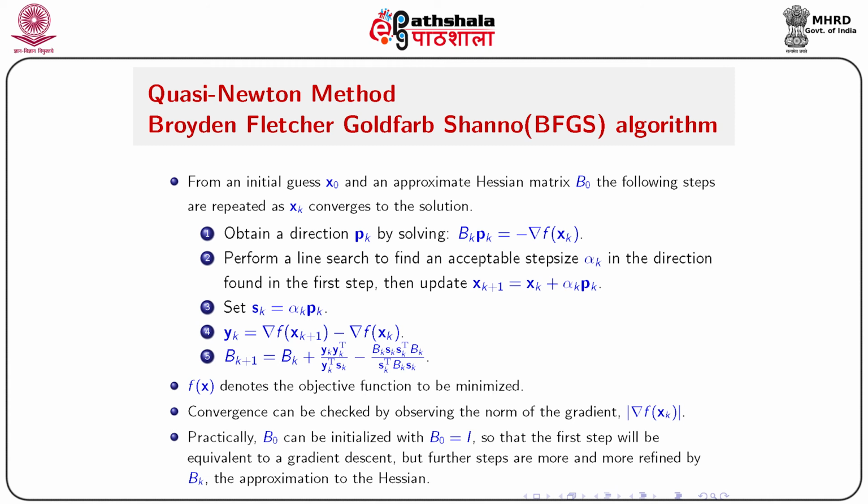The convergence can be checked by observing the norm of the gradient, that is the modulus of gradient f of xk. Particularly, B naught can be initialized with B naught equals I, so that the first step will be equivalent to gradient descent, but further steps are more and more refined by Bk, the approximation to the Hessian.